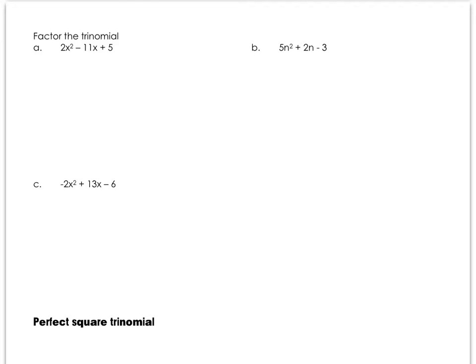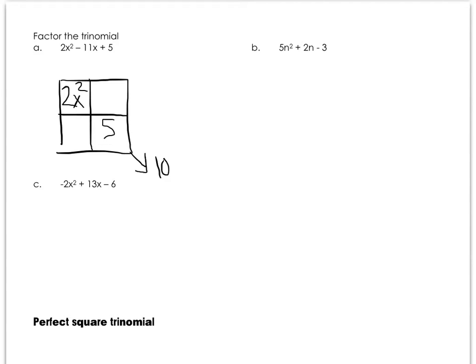Okay, let's take a look at some of these examples on the next page. So again, let's just go ahead and jump right into our box. Okay, so we get 2x squared and 5 makes 10x squared. Two multiples of 10 that add up to negative 11. This one's a little bit tricky because we know 10 and 1 add up to 11, but they're going to have to both be negative to make that work.